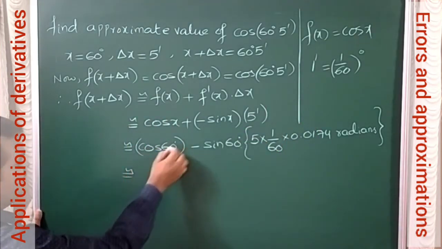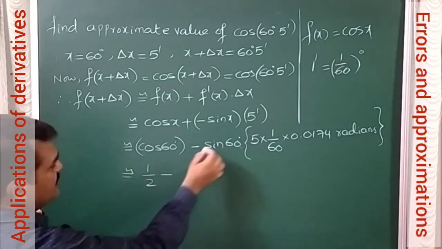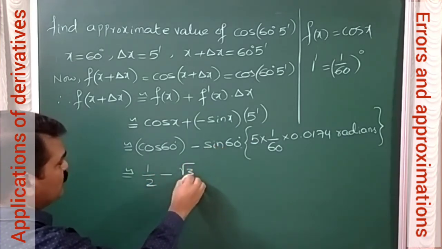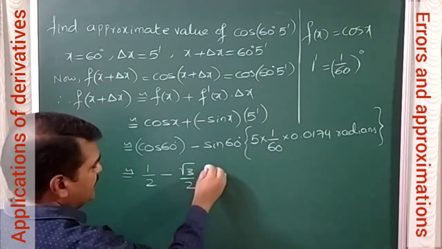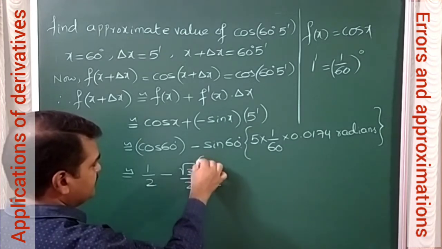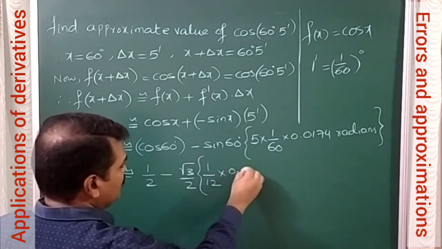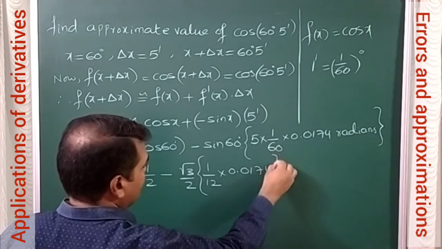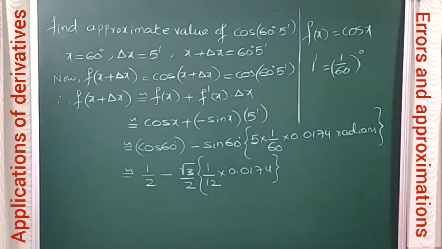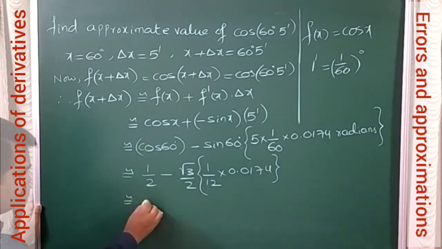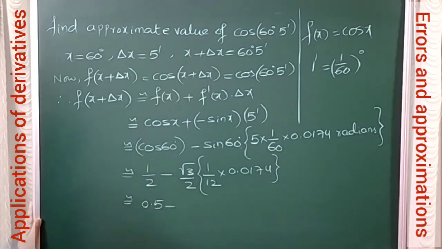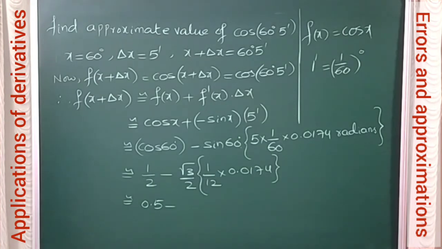Now cos 60 degrees is 1 by 2. Sin 60 is root 3 by 2. Simplify this one. That is 1 by 12 into 0.0174 radians. Now this we have to simplify. Okay. So 1 by 2 means 0.5, minus that whole value.